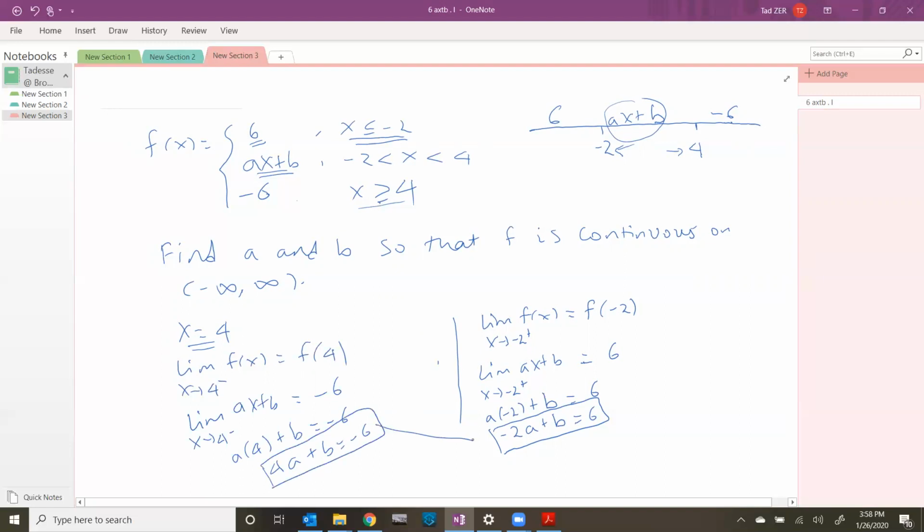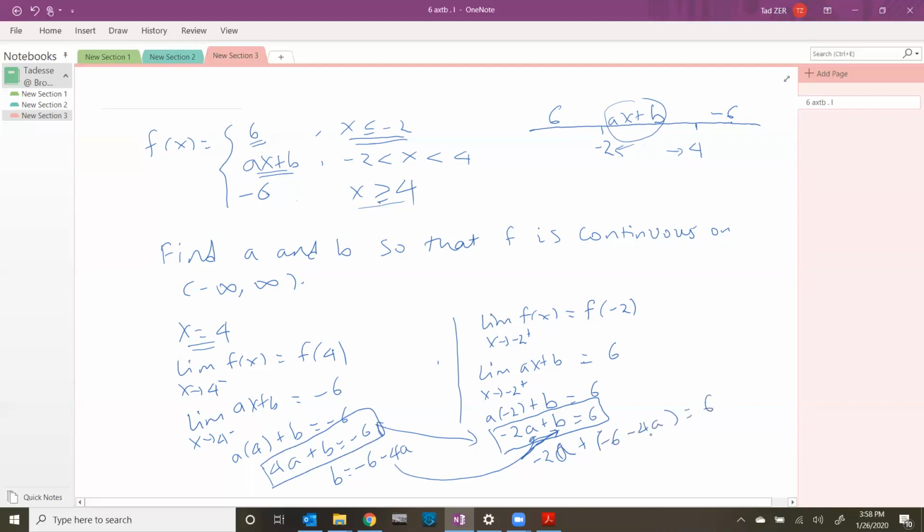Now I have two equations with two unknowns, what we call a system. One way to do it is you can say b is, you move 4a to the other side, -6 minus 4a, and then you just plug that into the first equation. -2a plus b is -6 minus 4a equals 6.